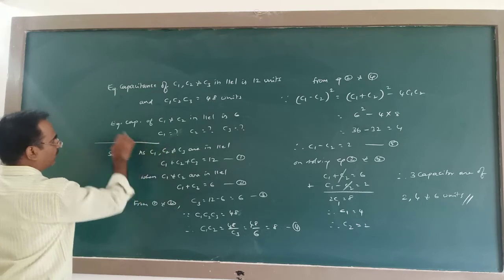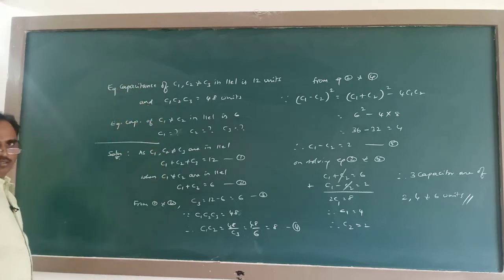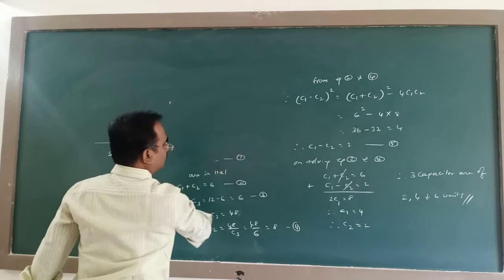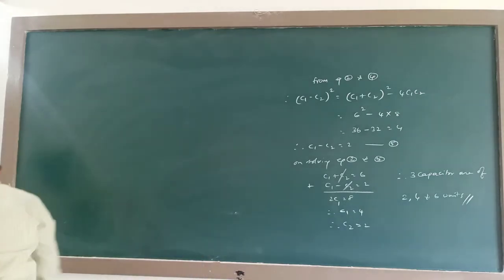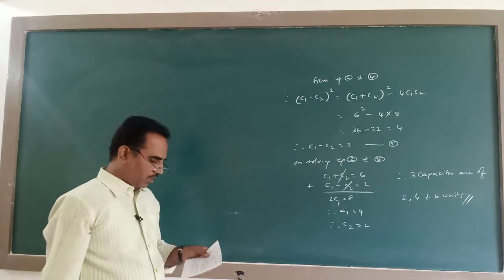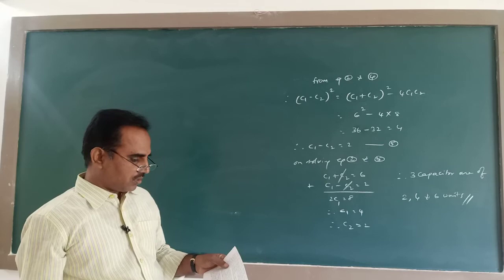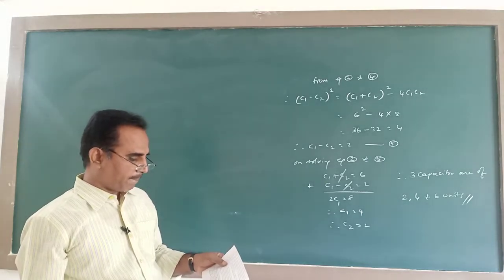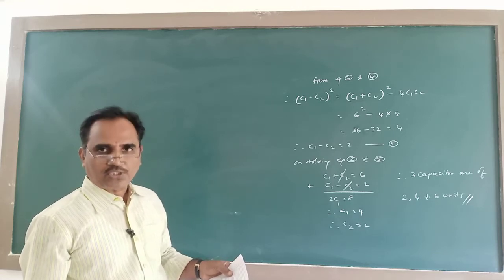So this is the given problem and this is the corresponding solution. Now we shall go for the next problem. Two capacitors of capacitance 3 microfarad and 6 microfarad are charged to a potential of 12 volt each.